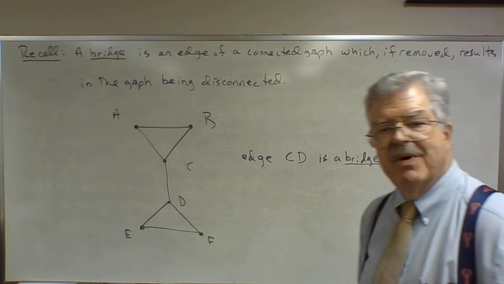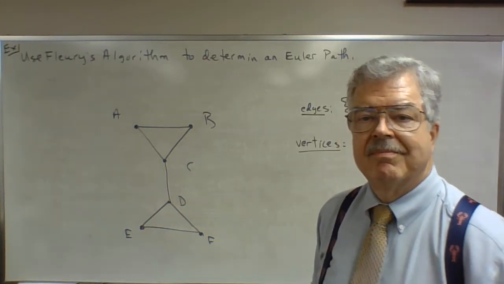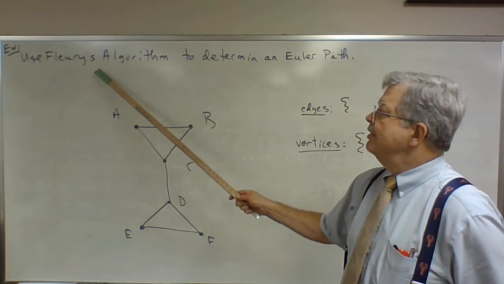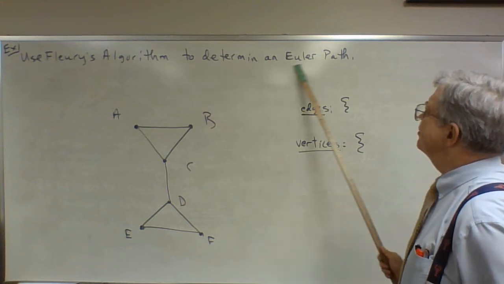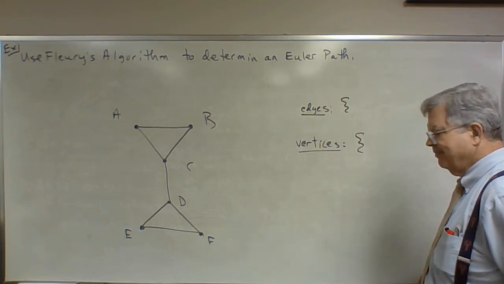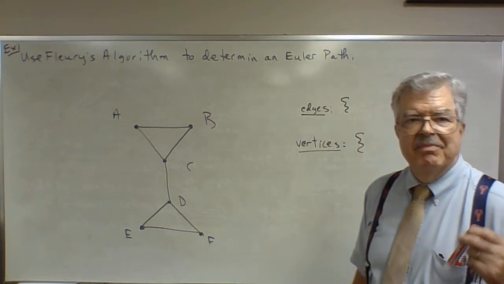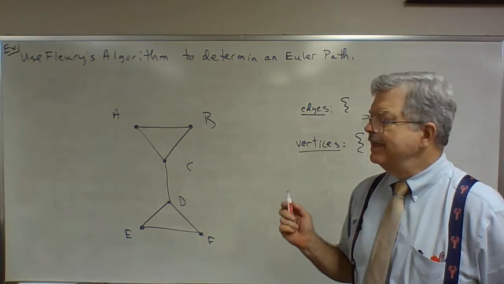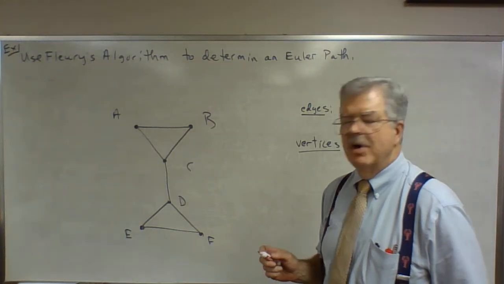Now we'll get on to our example. Here's an example. Use Fleury's algorithm to determine an Euler path. Well, there's not really much to this algorithm that's not completely common sense except for one thing.